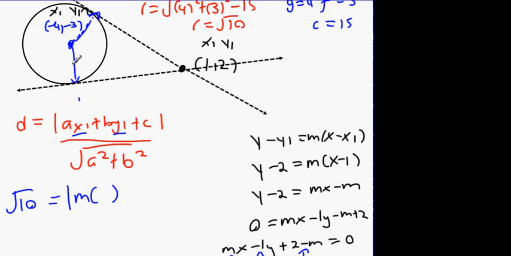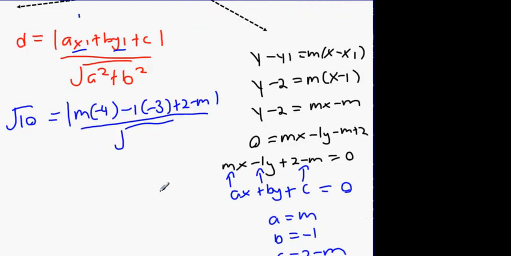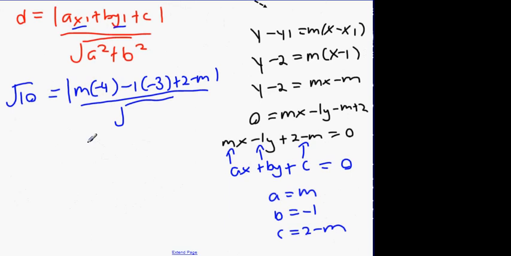Okay? So it's going to be m times minus 4, minus 1 for b times minus 1 times minus 3, and then c is 2 minus m. Then that's all going to be over the square root of m squared plus minus 1 squared.